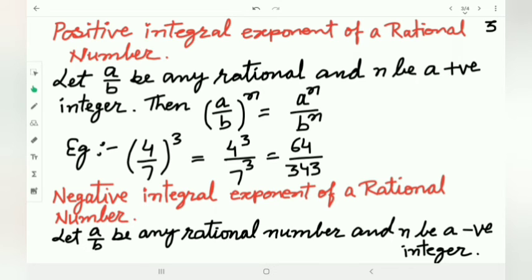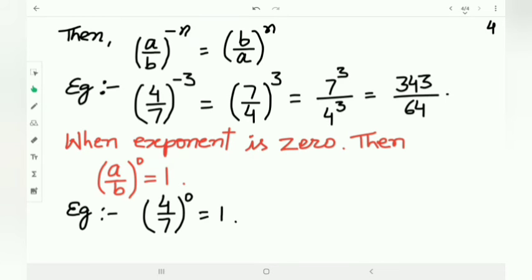Let a upon b be any rational number and n be a negative integer. Then a upon b raised to the power minus n is equal to b upon a raised to the power n. Here I have written the reciprocal of a upon b because its exponent is negative. So the numerator and denominator will change their places. Nothing else you have to do, nothing extra.